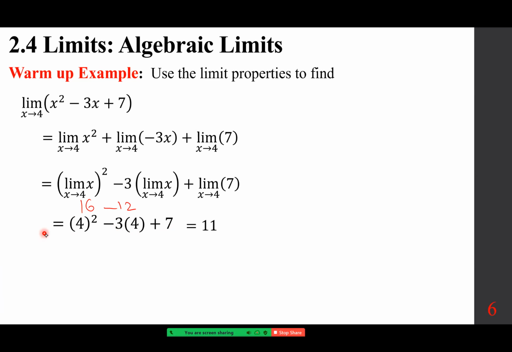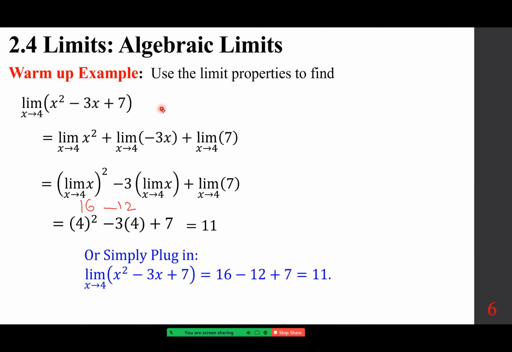As we have discussed this before, we could simply plug in and it gives us the same answer. So what we do in general is that we first plug in, and we observe.